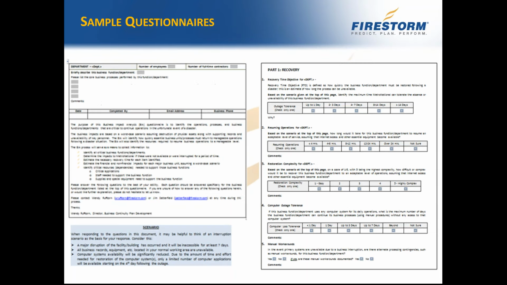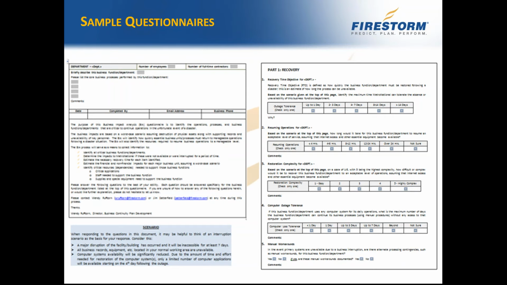Now, the questionnaire that I talked about, I just did a quick copy of a couple of pages so you can see. They would list the department, the number of employees, the number of contractors they might have. They would list the specific business functions performed in the department, and then we give them a scenario, and then they start to ask questions.